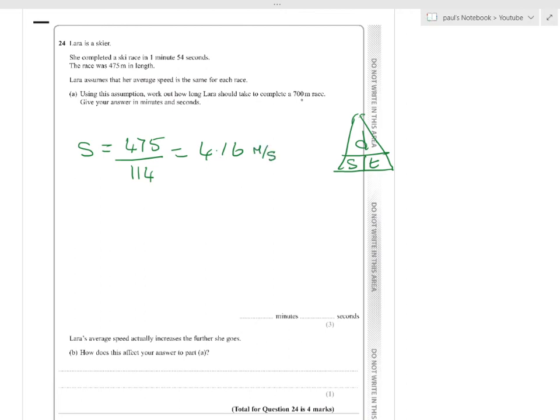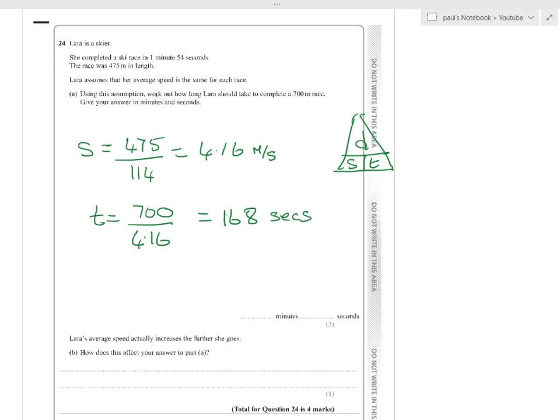Now she's going to do a 700 meter race, so we need to calculate the time. The time is the distance, which is 700, divided by the 4.16. It's a recurring number, so I'm going to do 700 divided by the answer, left in the calculator, to give 168 seconds.